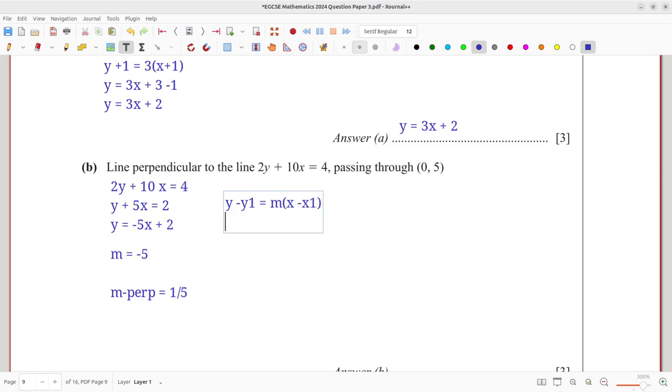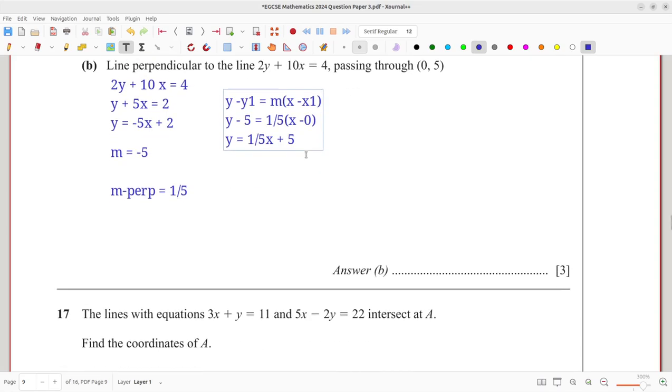Then this is y minus 5 is equals to 1 over 5 into x minus 0. Then this thing is giving me y is equals to 1 over 5 x, and then taking the 5 to the other side, it becomes a plus 5. That's the equation.